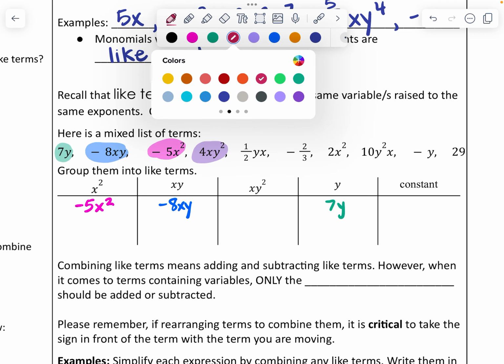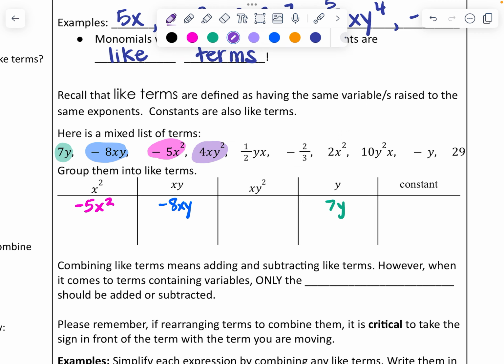Now, that cannot go with the xy or the x squared. It would have to go with 4xy squared in that column.